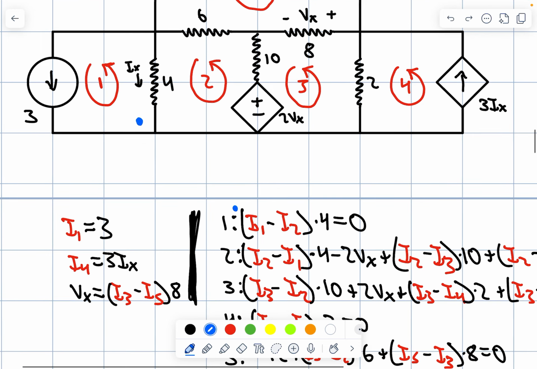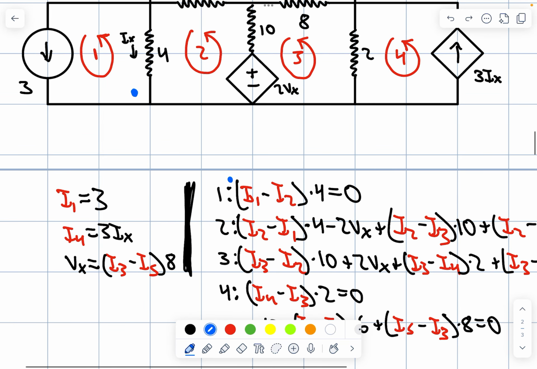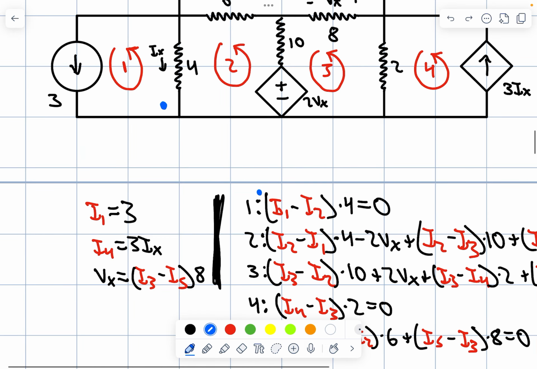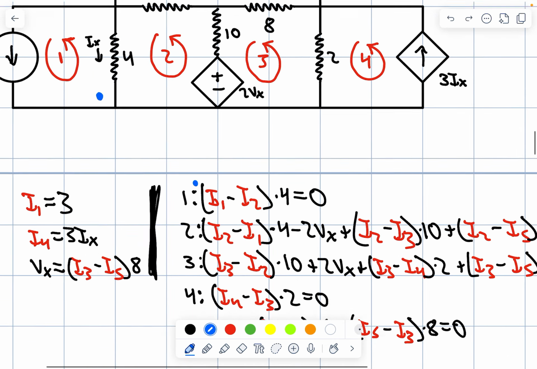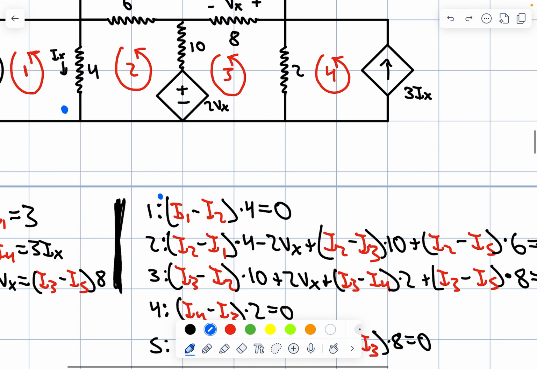So going through that 4 ohm resistor, we have a current of I1 flowing in the direction we want, and a current of I2 going in the direction we don't want. So that's I1 minus I2, so I1 minus I2 times 4. And then we have to add the voltage of any other components. Well, this doesn't have a voltage associated with it, it's just a current, so we don't add anything. And that has to sum to 0. So now we have a completed equation for the first loop.